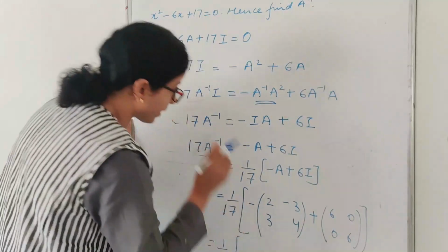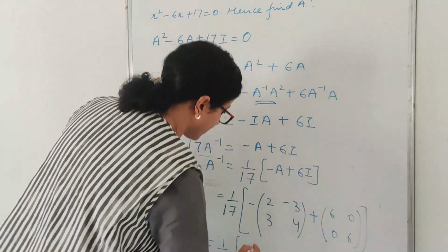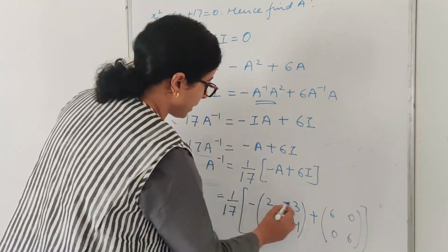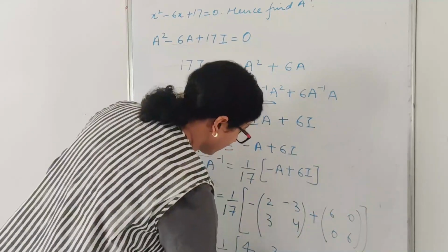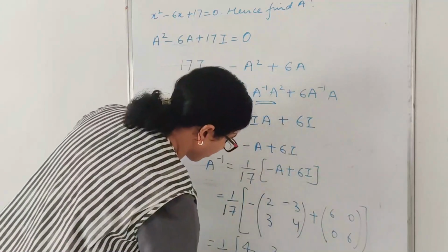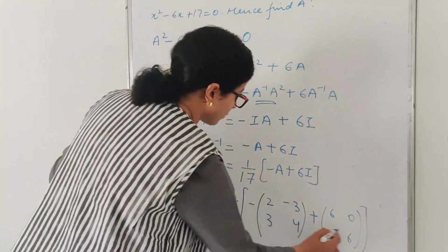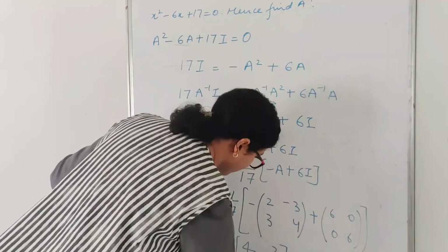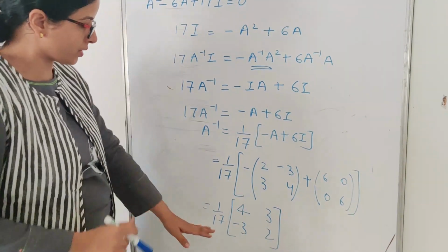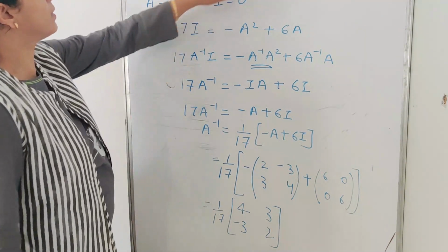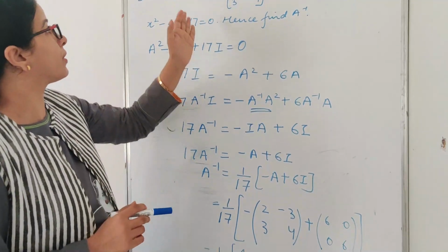So basically what I am getting: minus 2 plus 6 is 4, plus 3 plus 0 is 3, minus 3 plus 0 is minus 3, minus 4 plus 6 is 2. Done. So this is my required A inverse for the given matrix. That's all for this topic.